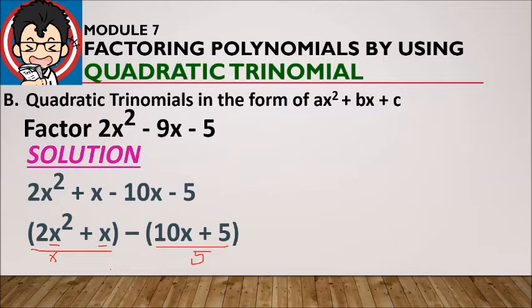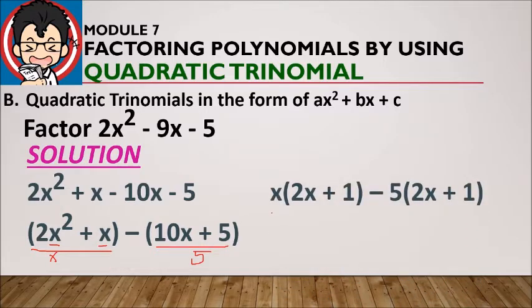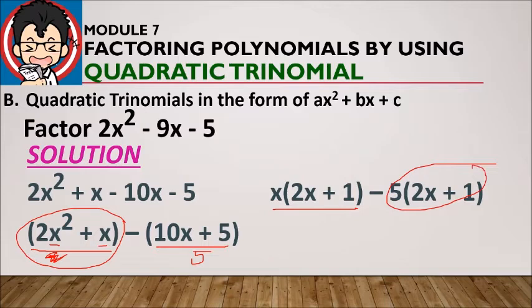If we will do that, dapat ganito ang makukuha nyong sagot. So, this is the factored form here. Burahin natin to. And this is the factored form for this part. Hindi kasama si 5 kasi si 5 kanina is the common monomial factor.